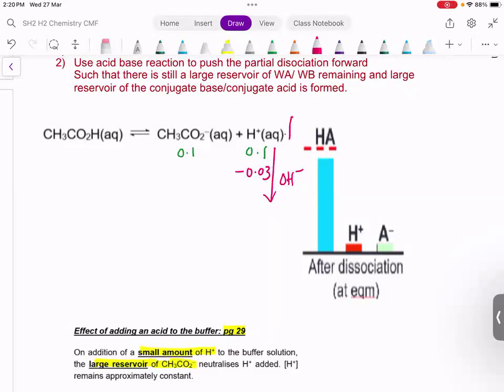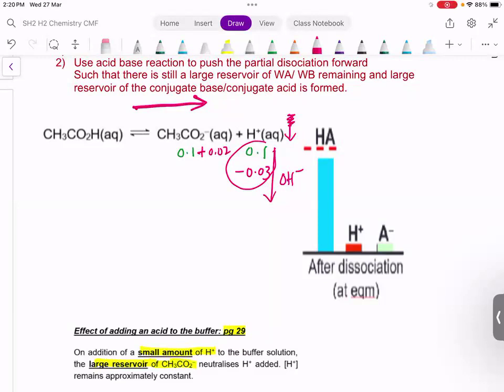So when this drops, how would the equilibrium react? Does it stay there? Based on Le Chatelier's principle, the position of equilibrium will shift. What it can only offset is partially. So it will not top up the 0.03, it will only partially offset the difference. So this will add 0.02, for example.